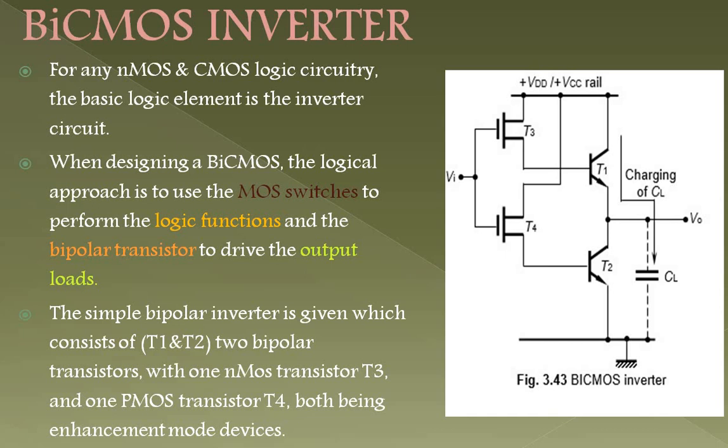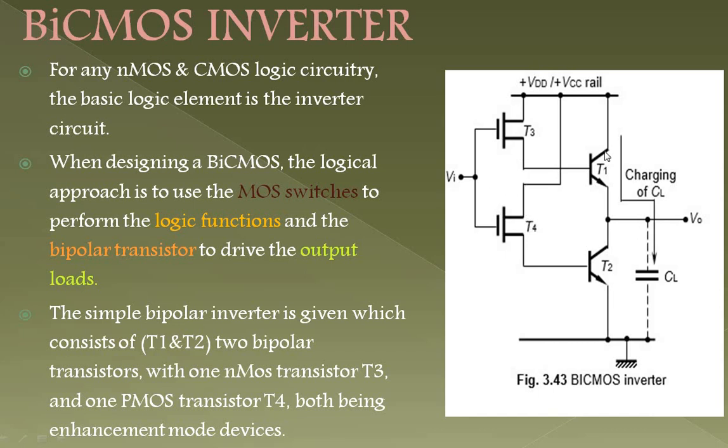Okay, the simple BiCMOS inverter is given in this way. Here you have 2 bipolar transistors and 2 MOS switches, where T1 and T2 are the bipolar transistors, whereas T3 is your NMOS transistor and T4 is your PMOS transistor.